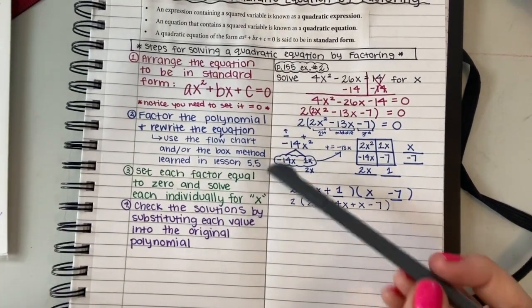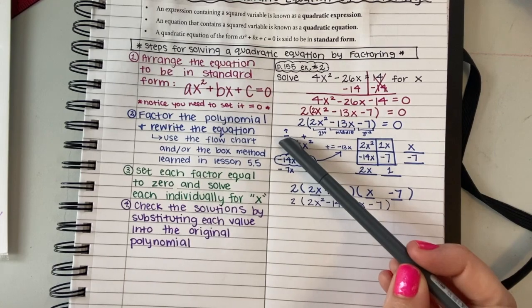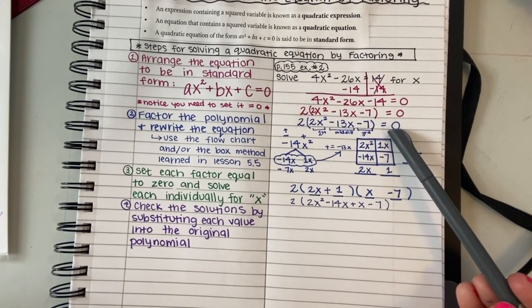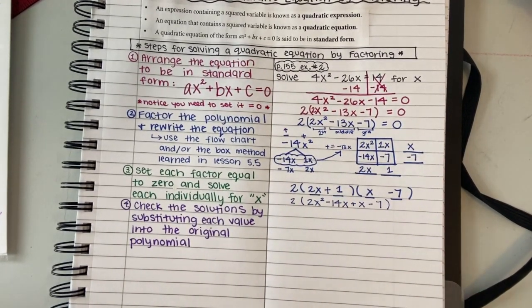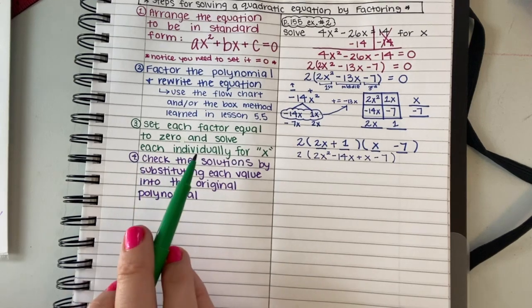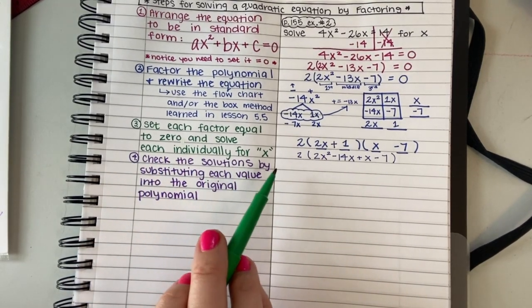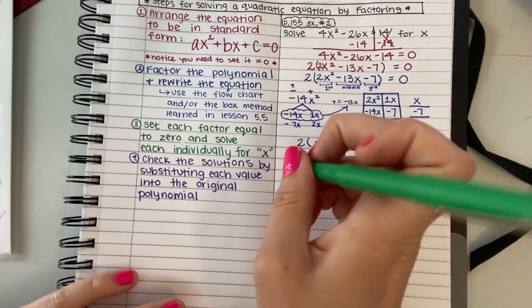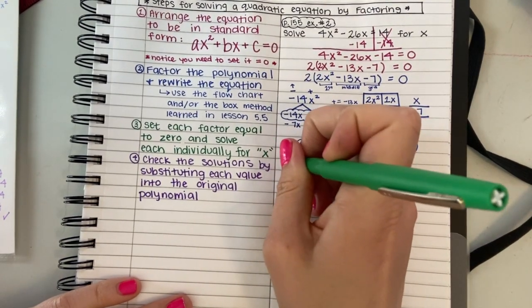So now we have finished step number 2. It's really important to know how to do this in order to complete these steps. The next part is pretty easy. All you have to do is set each factor equal to 0 and solve each individually for x. So my factors, I'm just going to rewrite them again.